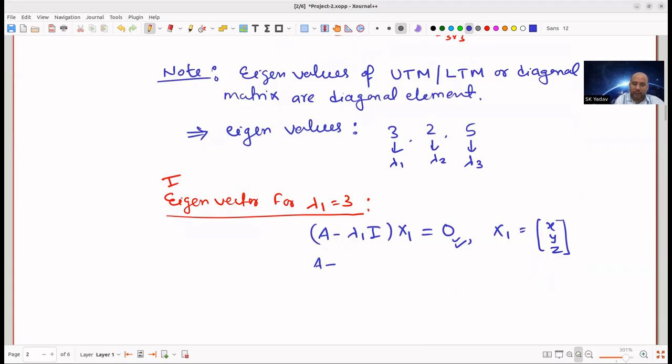So I have to write the system (A minus lambda 1 I) x equal to 0. A minus lambda 1 I is A minus 3I here.